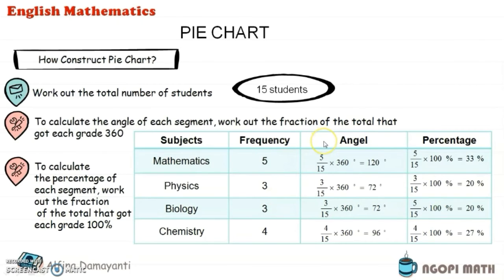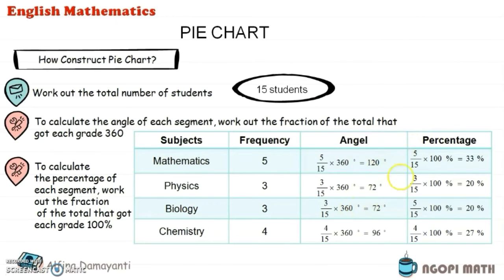To calculate the angle, it is 5 divided by 15, where 15 is the total frequency, times 360 degrees, which equals 120 degrees. 120 degrees is the angle of mathematics.